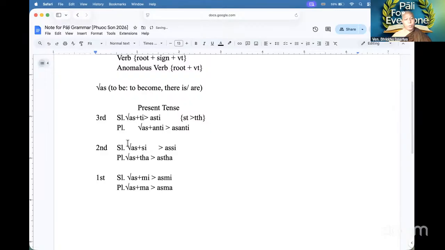Okay. So now in this singular, this sati changes to the tti. So that is why we have the atthi. In Pali, we need to notice whenever we see sa and tha, such a changing, not only in this form, all the time, whenever we see sa and tha, has a natural changing to the ttha.